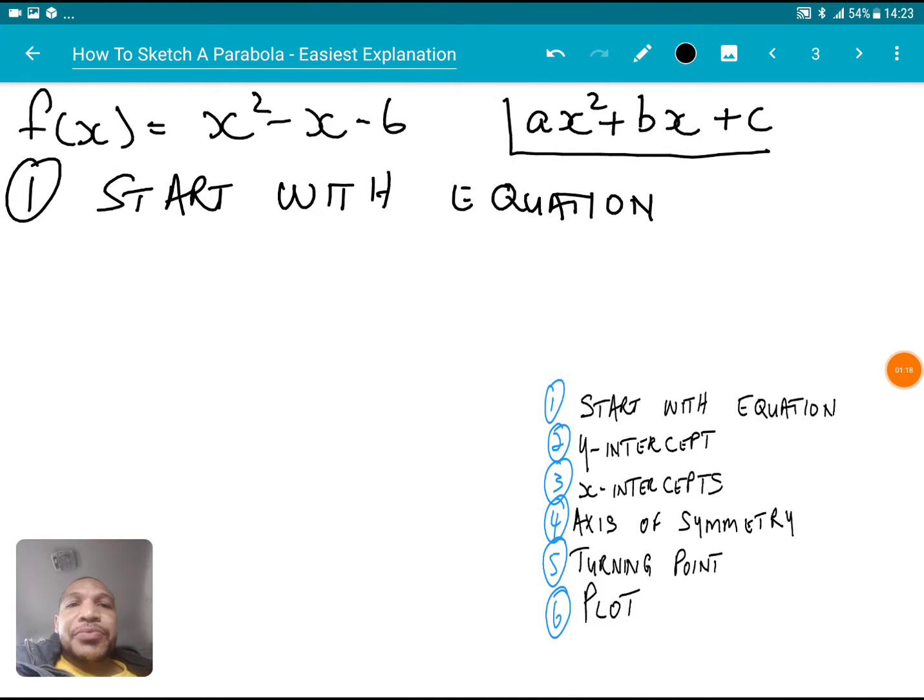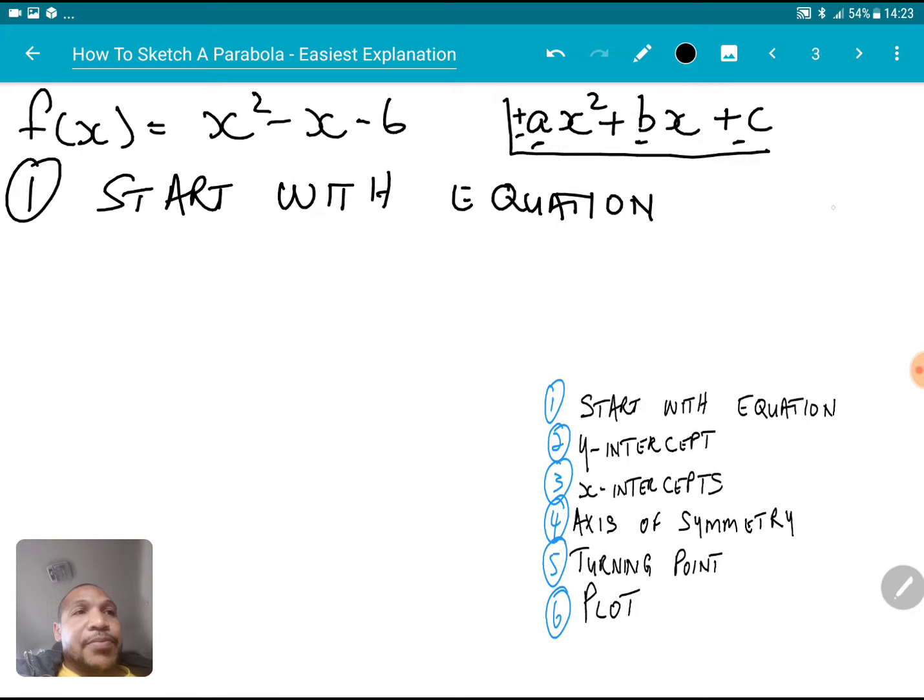Number 1, I said we're going to start with the equation, and the equation is just going to tell us how your parabola is going to concave, or how it's going to look when you finish with the sketch. When we look here, we have ax squared plus bx plus c, and the sign of the coefficient of x squared, which is a, tells you which way it concaves.